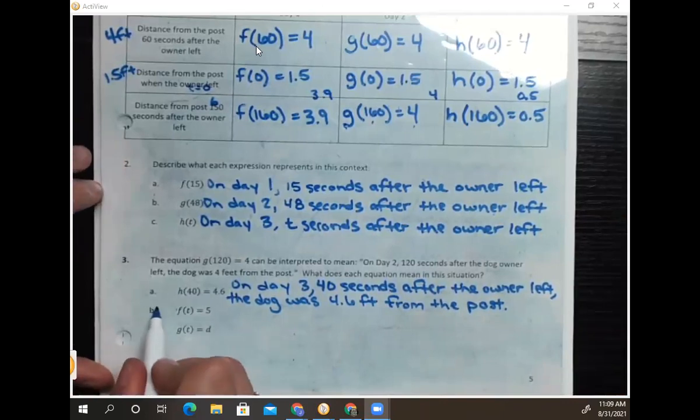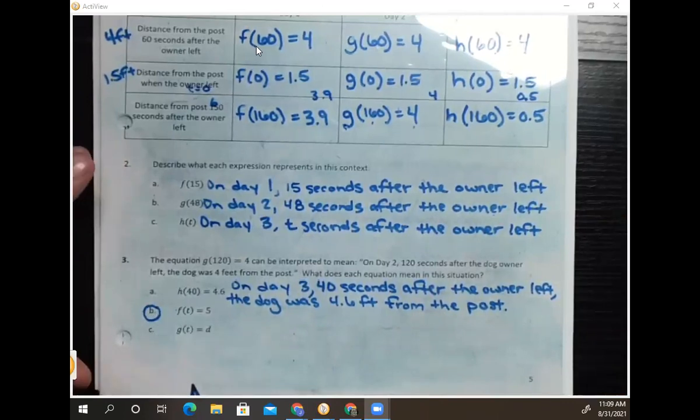I would like you now to try B. F of t equals 5.